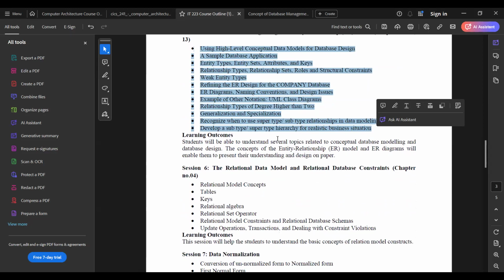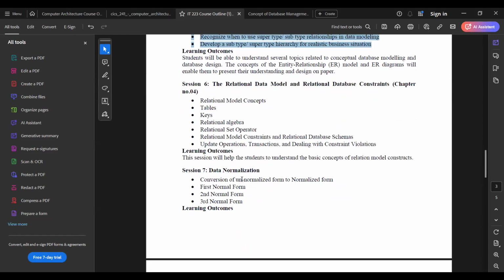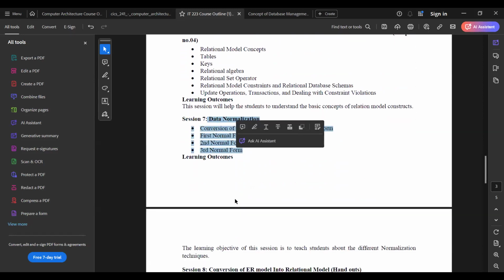Then from there, we are going to look at constraints, how external factors affect the database, and how you can take the real world external factor and bring it into the database model. From there, we'll learn normalization and why we need to normalize to the third order, because in normalization there are 5 orders.